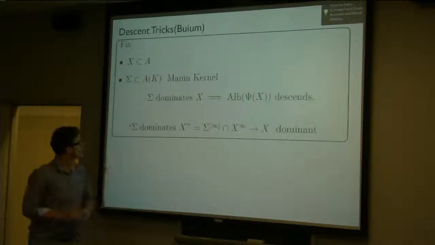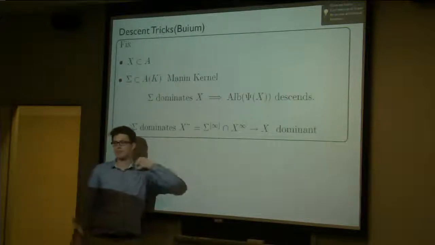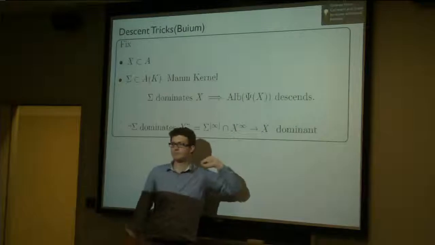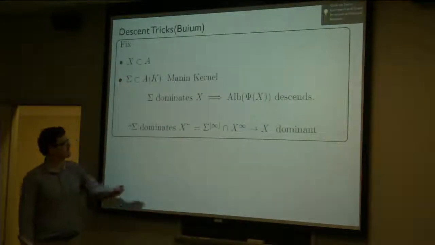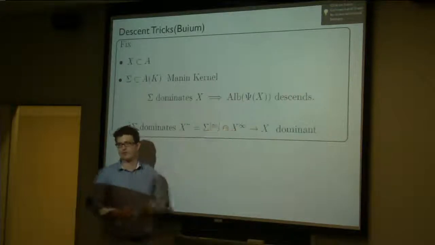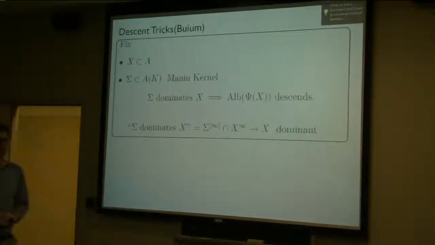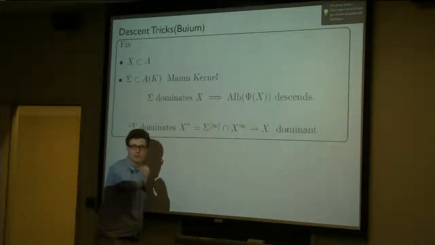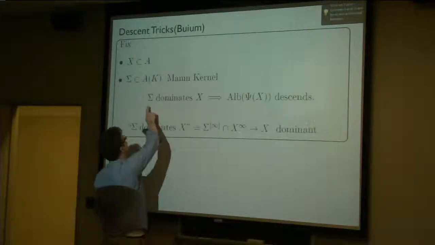What do you mean by dominates? So dominates means that if I take this map, it's just a dominant map. And you can actually take this at finite level, a finite order, because of the finite type. And who are those things? So this is the Monon kernel, and this is really the differential equations of this guy.